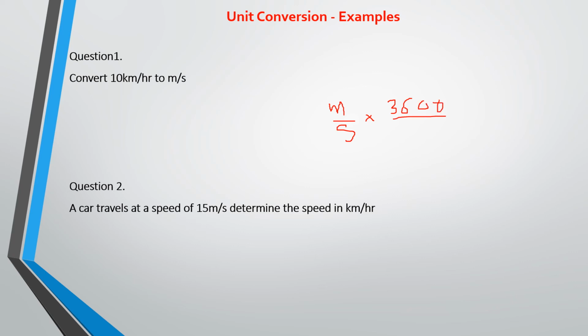Okay, so this is the simple equation that you use. So this one, you have 15 over 1 times 3600 divided by 1000.